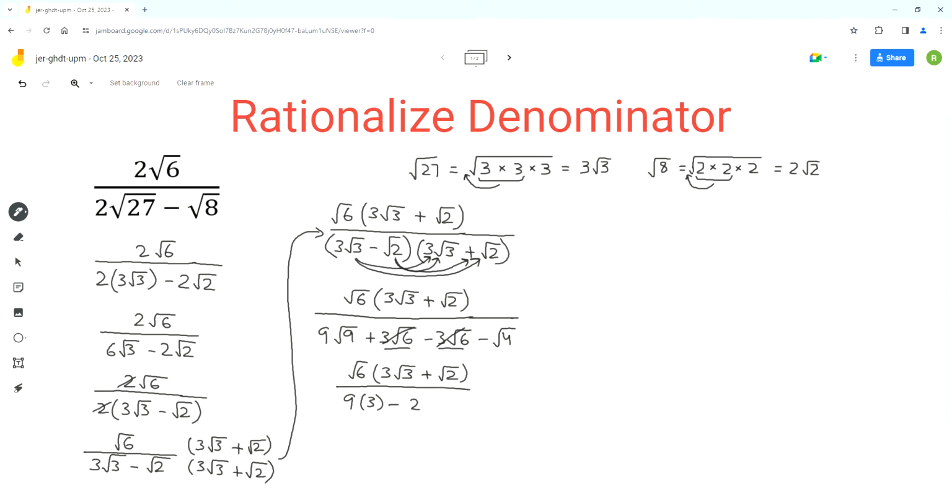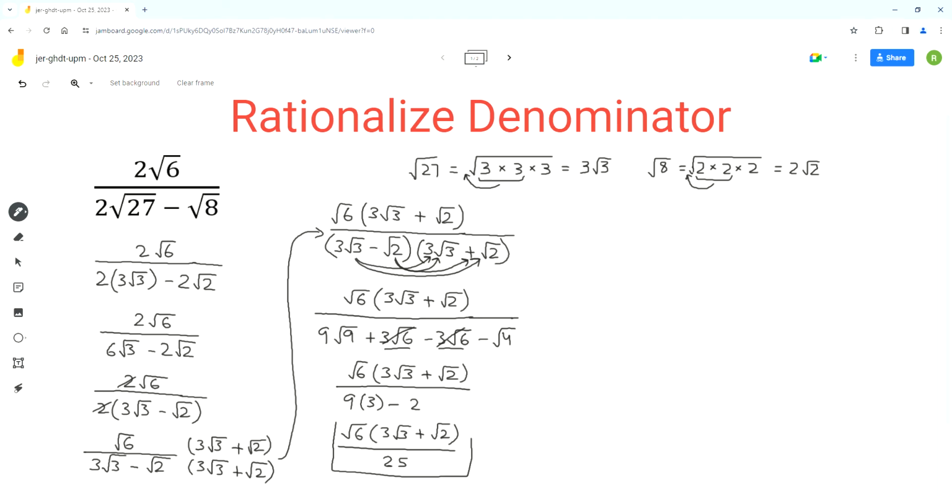Now we can simplify the denominator further, so the numerator stays the same, and 3 square root 3 plus square root of 2 over. Now we can do 9 times 3, which is 27, and 27 minus 2 is 25. So this should be the final answer if we want to keep the numerator in factored form.